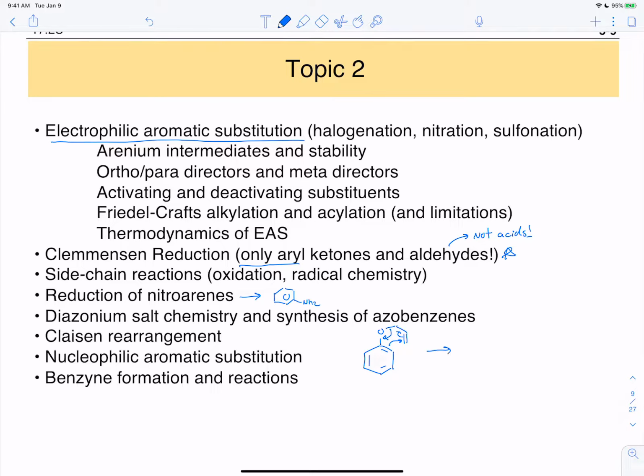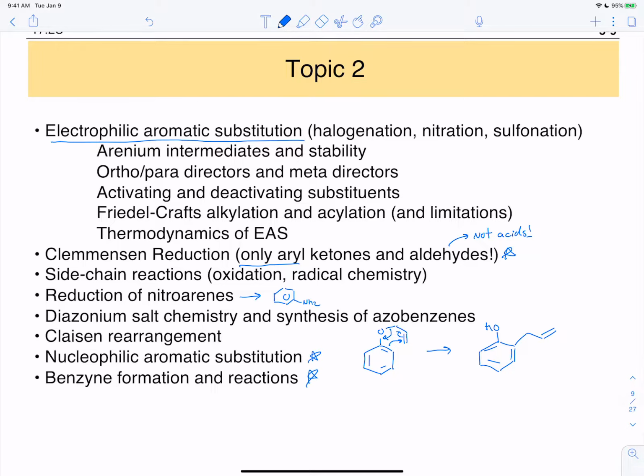That will let you use a cyclic transition state, and after tautomerization of the intermediate phenol, it can move an allyl group from the oxygen to the carbon. And lastly, we learned two other types of aromatic substitution that were based off of nucleophiles or strong bases, which are also nucleophiles in those reactions. And those are nucleophilic aromatic substitution and benzynes.